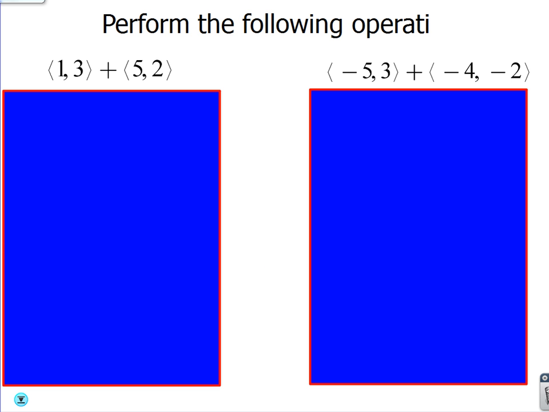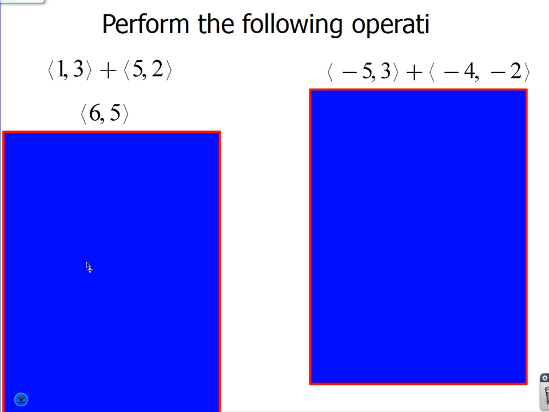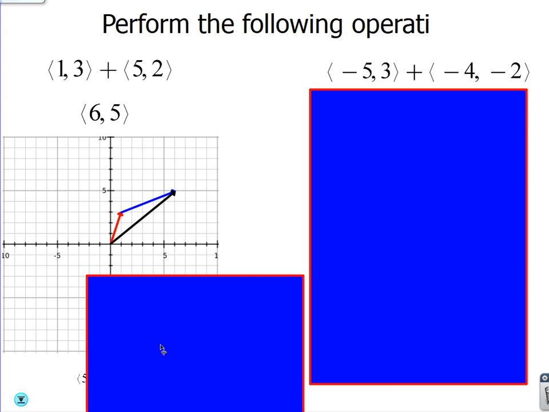So let's actually add some. You've got the vector <1, 3> plus the vector <5, 2>. To add those two together, you simply get <6, 5>. We went through that whole big spiel to make you think this is going to be hard. <1, 3> plus <5, 2> is <6, 5>. Okay? But here's the part I want you to see.